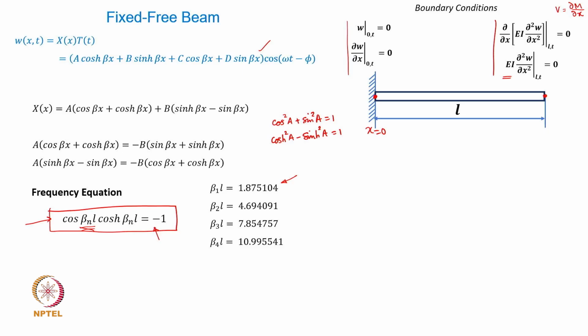So the equation gets satisfied for beta 1 L equal to 1.875104. And similarly, this equation will also get satisfied for this value, and for this value of beta L, and therefore they now become the first four values of beta L that satisfy this frequency equation.